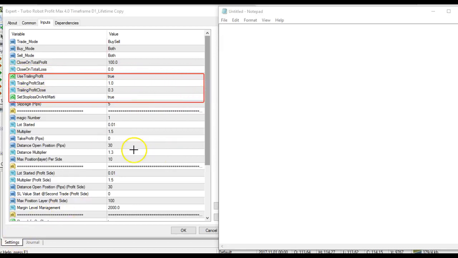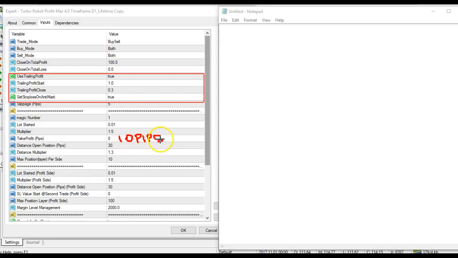All right, so for the main differences between take profit and trailing profit. Take profit means the moment that you have the value over here, let's say you are putting 10 pips. Once it hits that particular TP, it will end at that point.